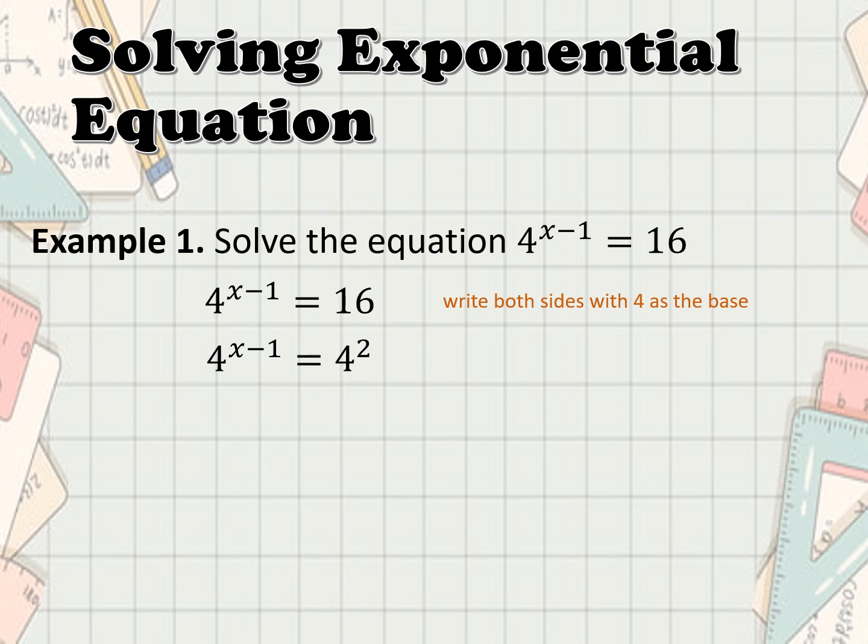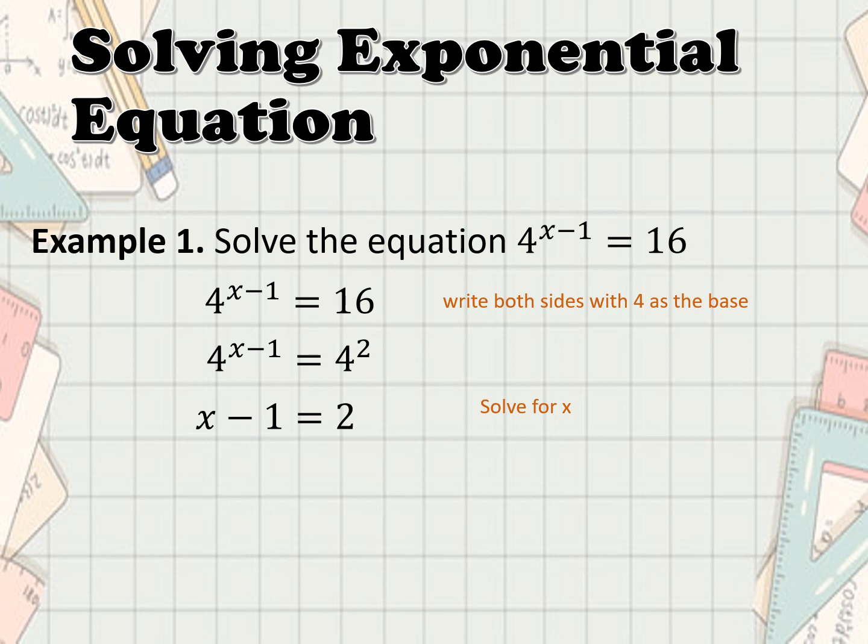Okay, second step, once they have the same base, you just take the exponents. So, you bring down their exponents. On the left side, the exponent of 4 is x minus 1. Then, on the right side, it is 2. Okay, once you have brought down all the exponents, let's solve for x.